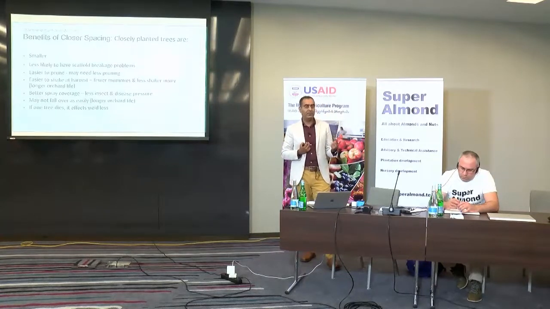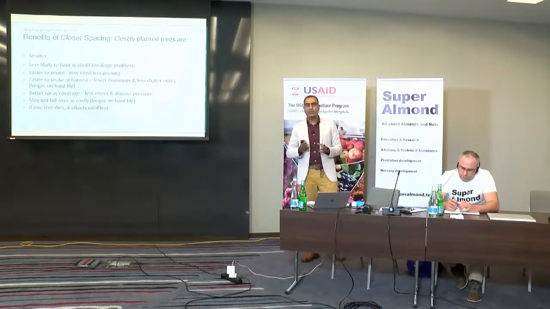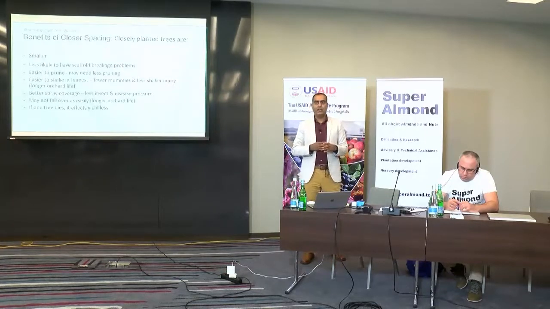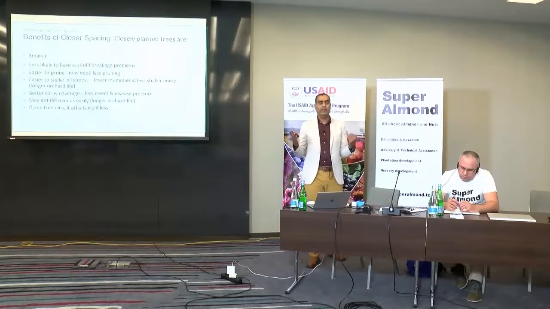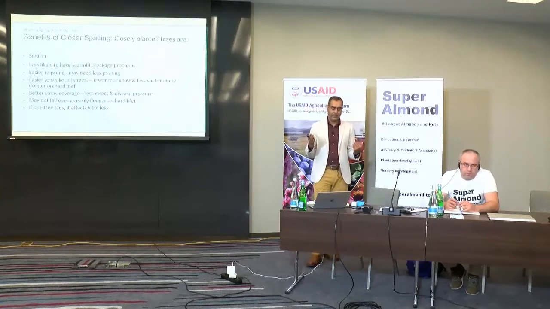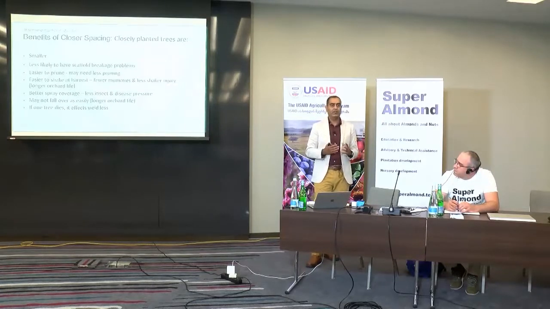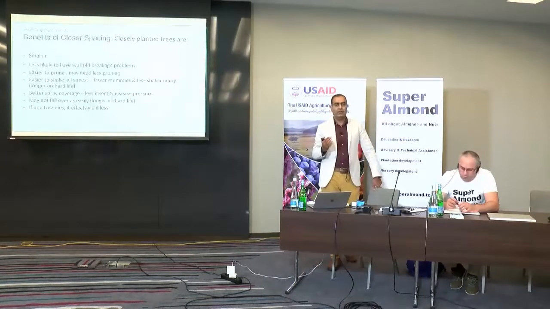The research shows, the University of California Cooperative Extension Program has a long-running rootstock, variety selection and tree spacing trial near Modesto in the Central Valley. And these are the results from years of research in that trial. Over and over again, they have found fewer mummies and less shaker injury on the smaller trees in comparison with the larger trees. The smaller trees are the closely spaced trees.